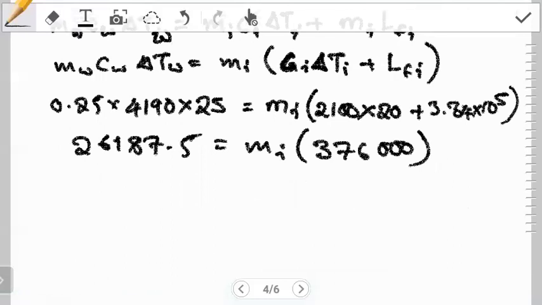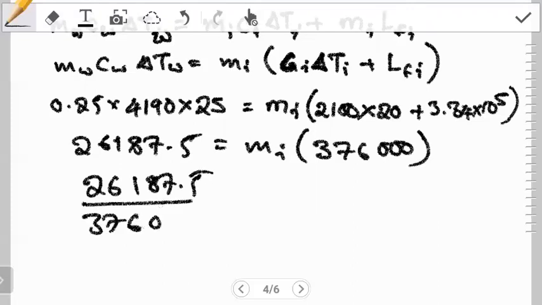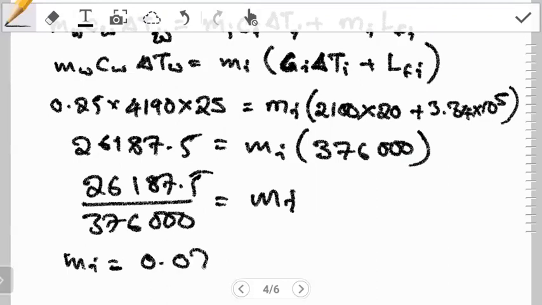You notice that what you end up with is 26187.5 divided by 376,000, giving you what Mi is. So therefore, Mi will be equal to 0.07. This is in kgs. So we can conclude that this is just 70 grams.